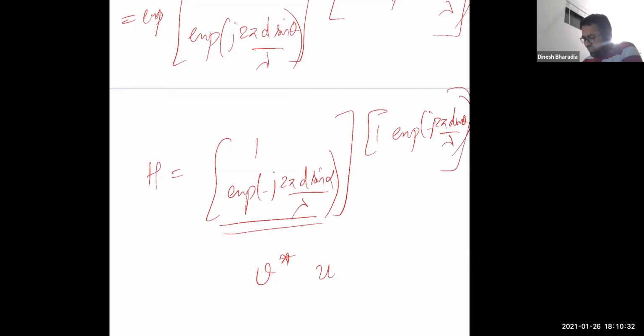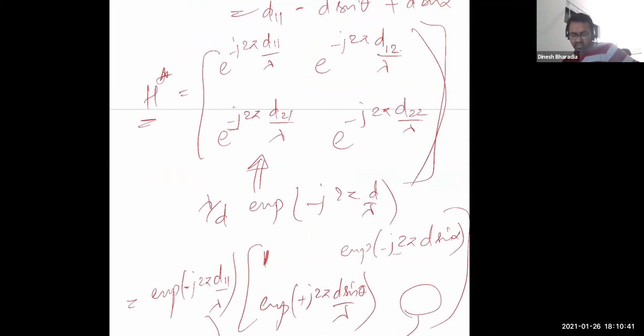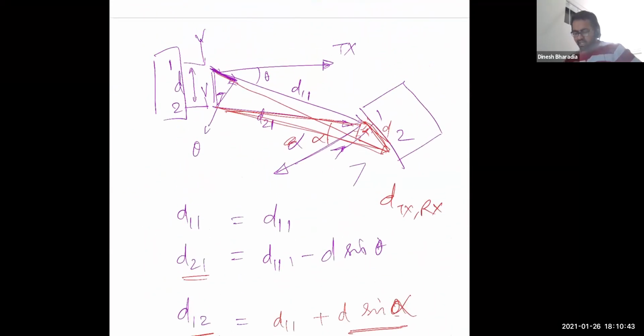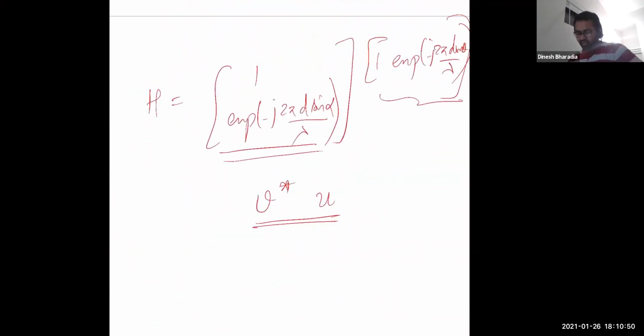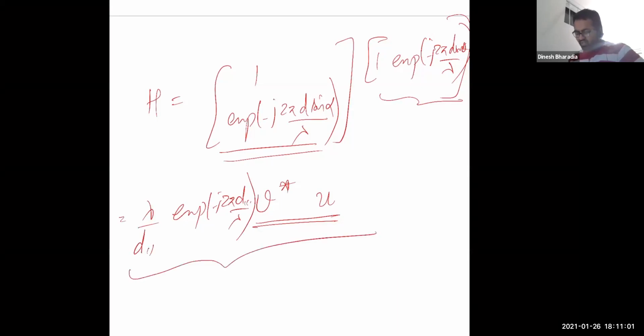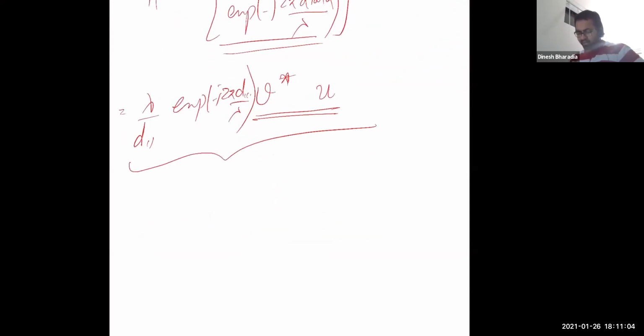This is v into u star. This is your rotation from the transmit direction, because theta says how much rotation you can create from the transmitter's point of view. And this gets multiplied by exponent of minus j2 pi d11 over lambda, times lambda over d11. So this is your channel gain for one path.